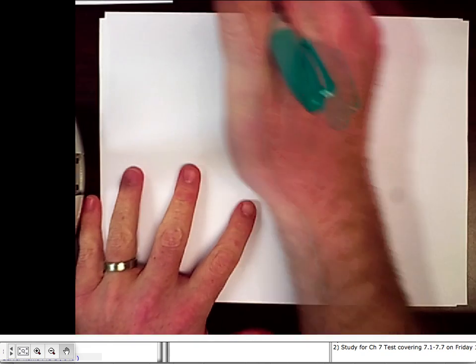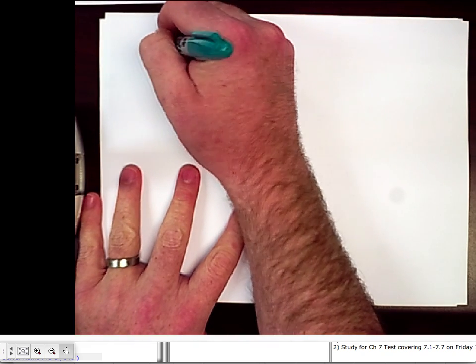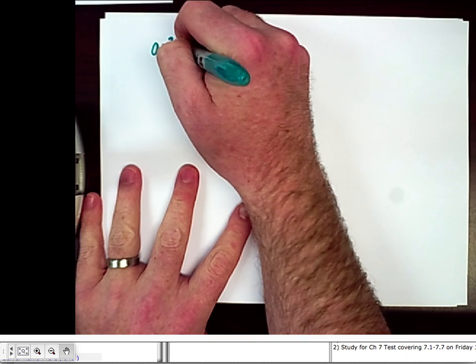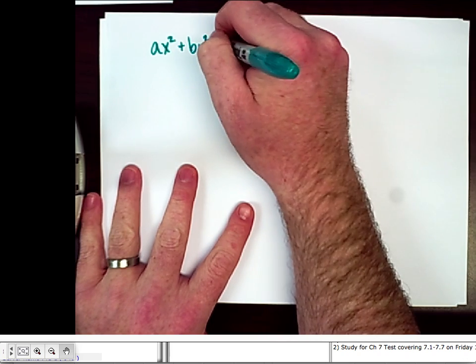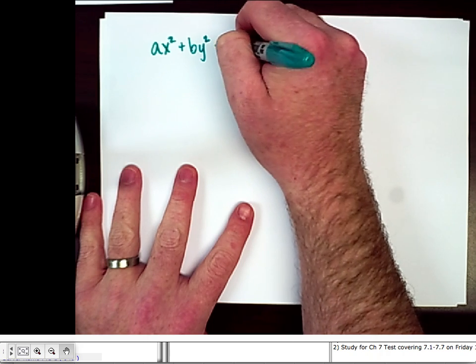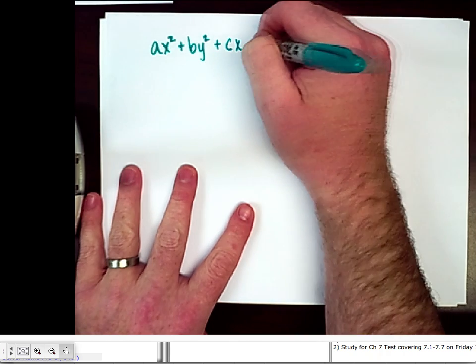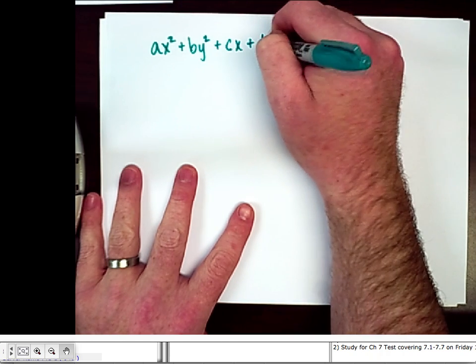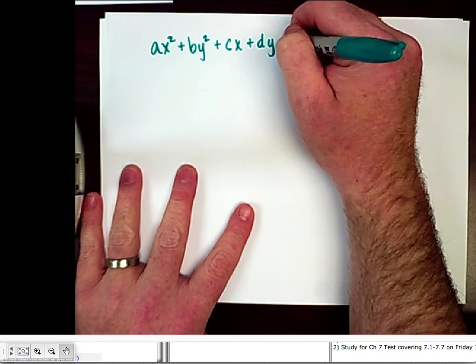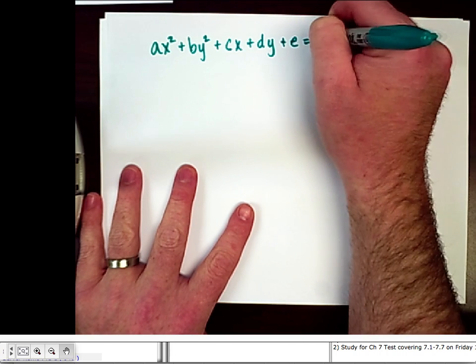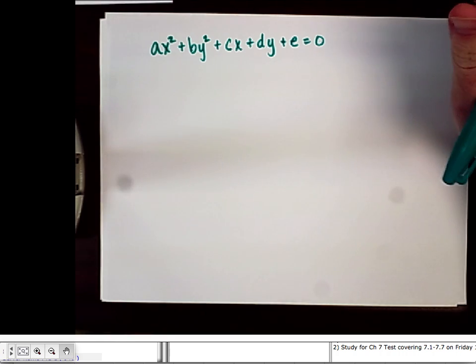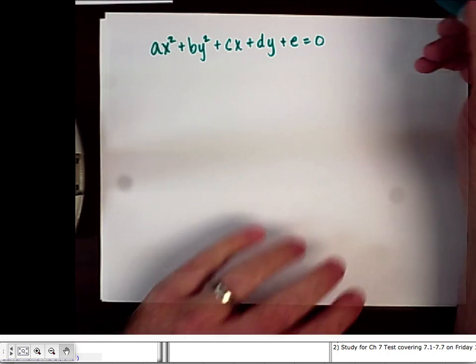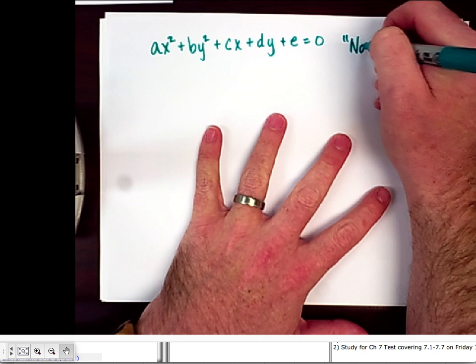There is a form for all conics where you have ax² + by² + cx + dy + e = 0. And we'll call that normal form.